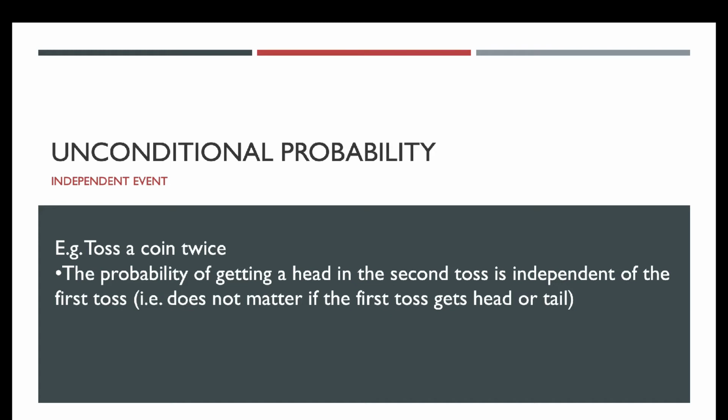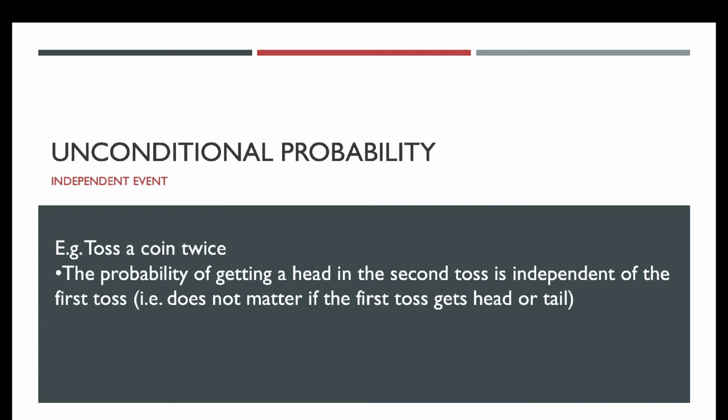Okay, next up we have unconditional probability, which is the independent event. For example, toss a coin twice. The probability of getting a head in the second toss is independent of the first toss. Meaning to say that no matter how hard or how much you toss it, it's not going to influence your first or second toss.